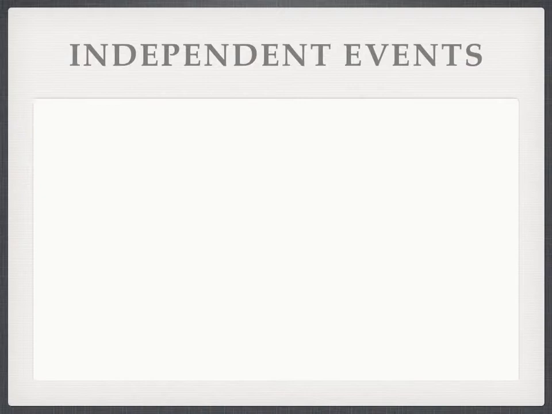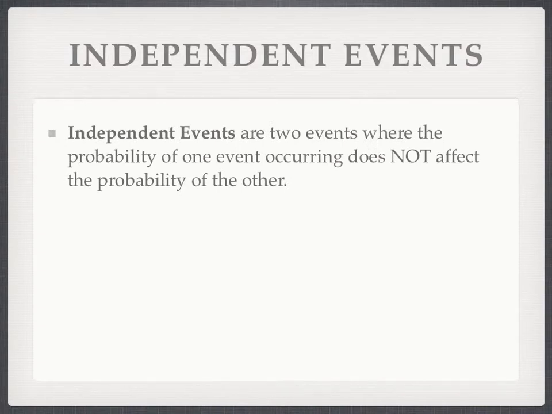So you can probably imagine where these definitions come from, but independent events are two events where the probability of one event occurring does not affect the probability of the other. And I should have mentioned this when we first started today, but all of the situations we're talking about today are "and" situations. And here's what I mean by that.